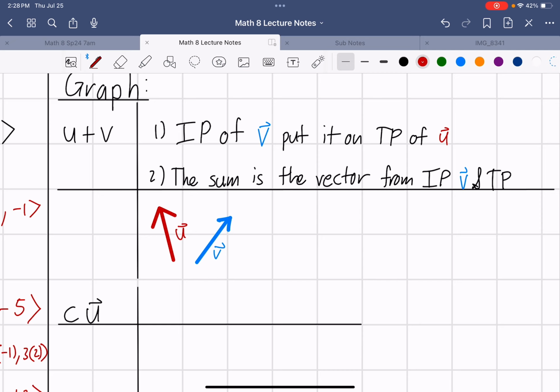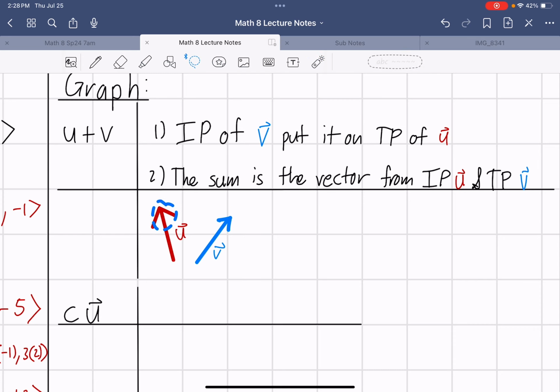No, sorry, it's backwards. It's from initial point u, and once we draw it, it's going to make sense. The wording might be a little confusing because we start with initial point v, and then we put it on terminal point u, and then we look at the initial point of u and the terminal point of v. But this is how it's going to look.